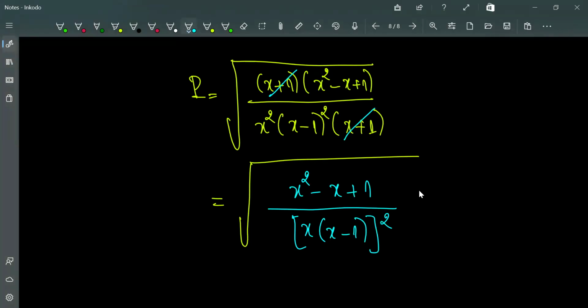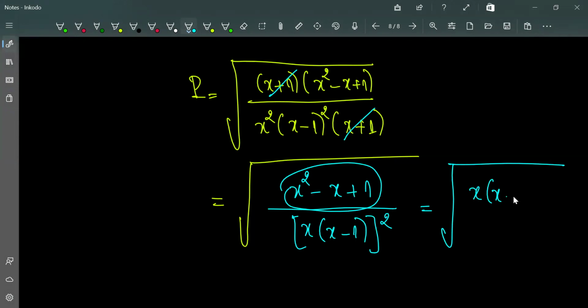Okay, but for this expression, I want to write it like that. Yes, I want to write it as x times x minus 1 plus 1 over x times x minus 1, all under the square root.